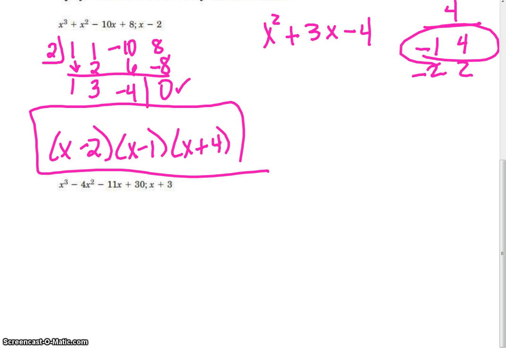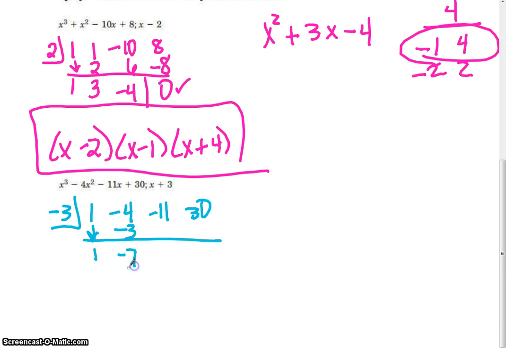All right, so looking at the next one, we're going to put a negative 3 out here. There are no skips, so that's good. We have 1, negative 4, negative 11, and 30. Draw a line, bring down your 1, negative 3, that gives you negative 7, 21, going to give you 10, negative 30, and it gives you 0, so that's good.